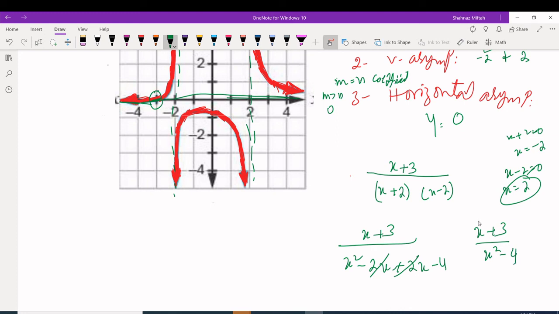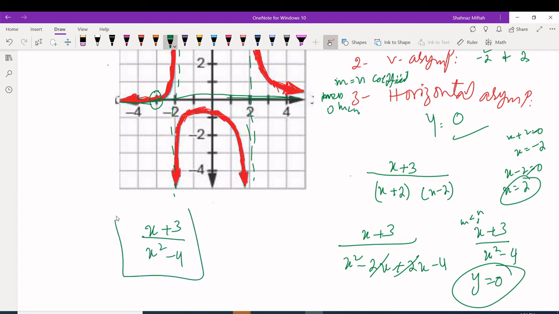Now you can tell the top degree is less than the bottom degree, which means m is less than n, sorry, supposed to be less, m less than n. So if this is the case, then your horizontal asymptote is y equals 0, which is correct in this case. So my equation is x plus 3 over x squared minus 4. That's the equation of this rational function.